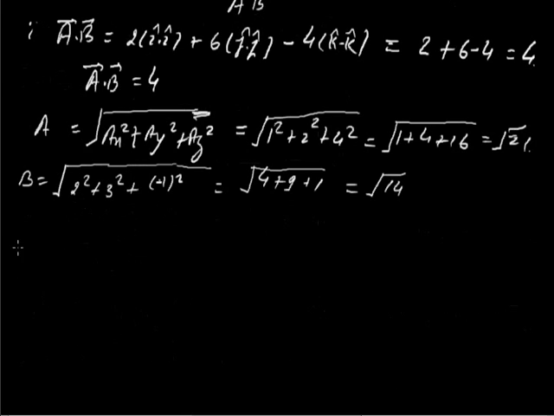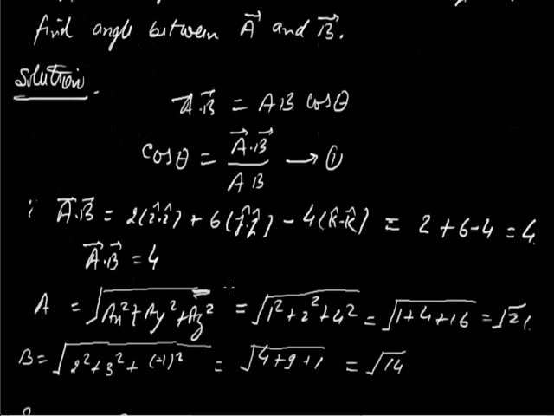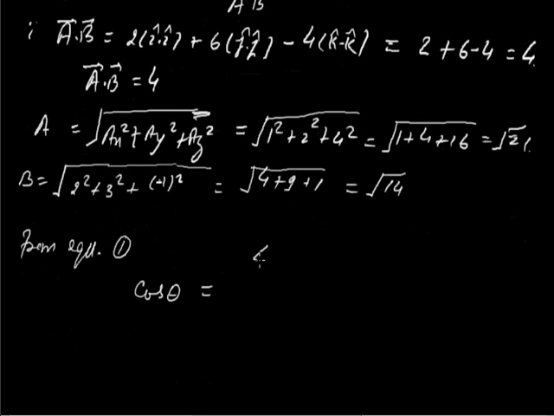Now we have to find the value of cos theta from equation 1. Cos theta is, the value of A dot B is 4, means 4 upon square root of 21 into square root of 14.